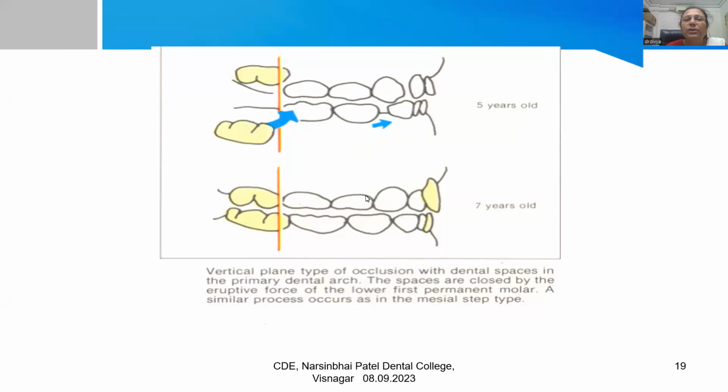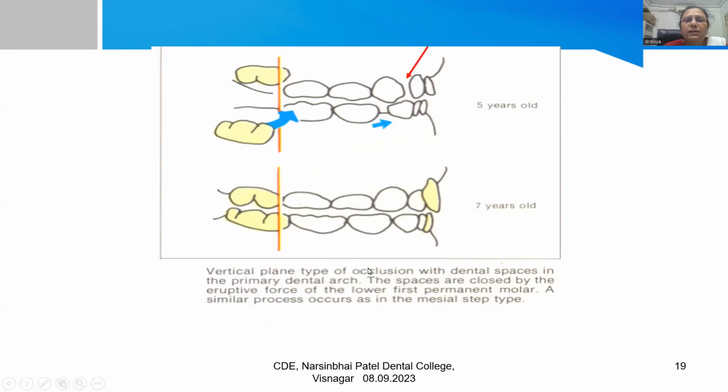That is a 5-year-old patient where the 6 is in the process of eruption. Here in the mandible, the primate space is distal to the D, while in the maxilla, it is mesial to the D. This primate space is utilized for the incisor exchange, while the buccal space is for the 3, 4, 5, or with the eruption of 6, the space usually closes.